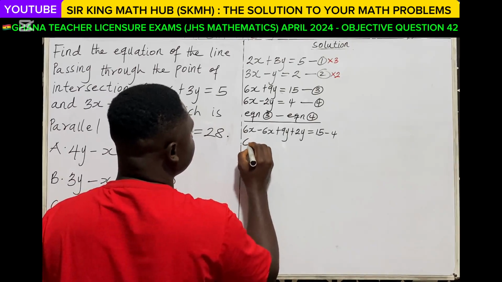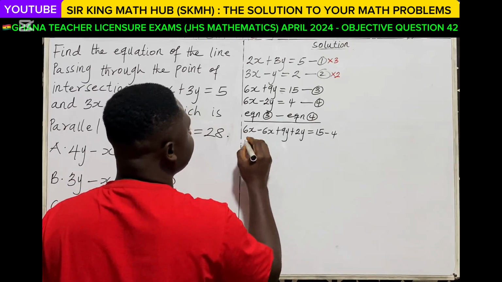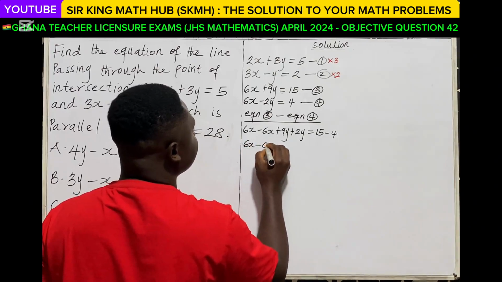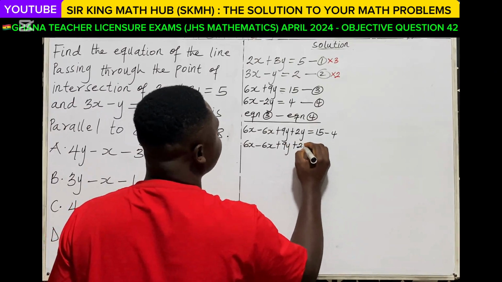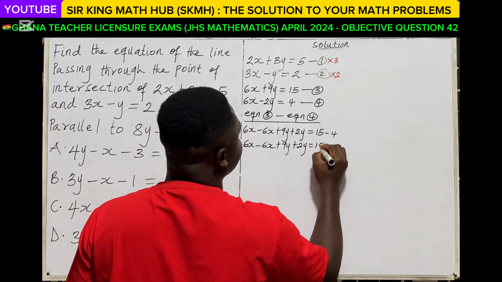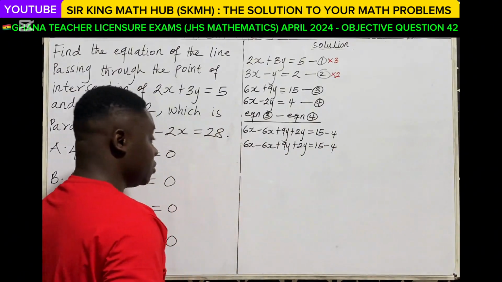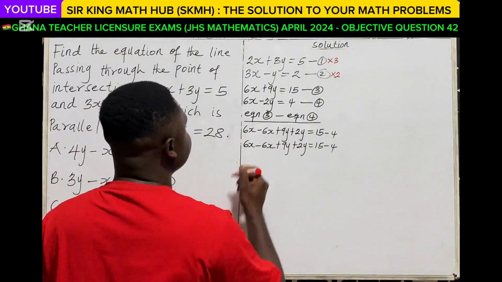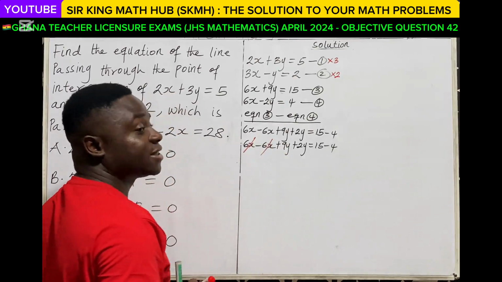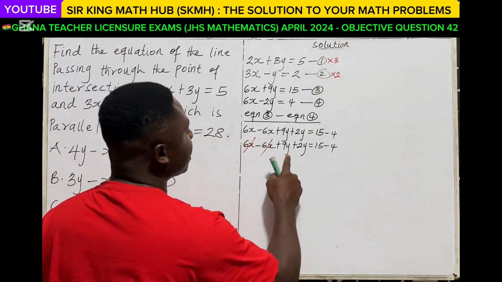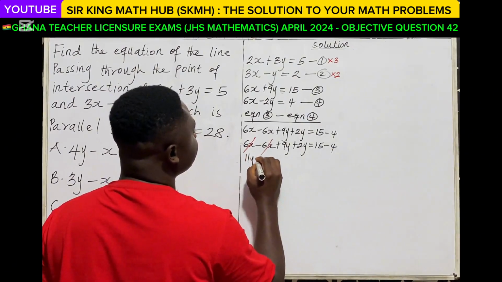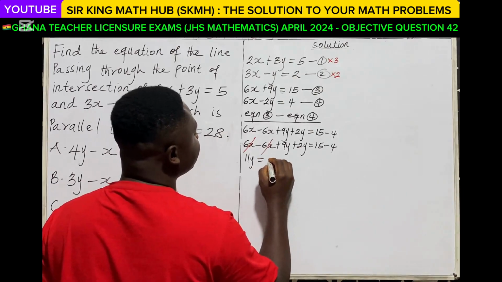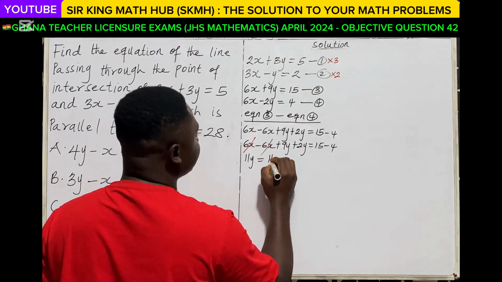So we have 6x minus 6x plus 9y plus 2y is equal to 15 minus 4. So we see that positive 6x and negative 6x can cancel out. So we have 9y plus 2y, which is 11y, and then 15 minus 4, I think that is also 11.